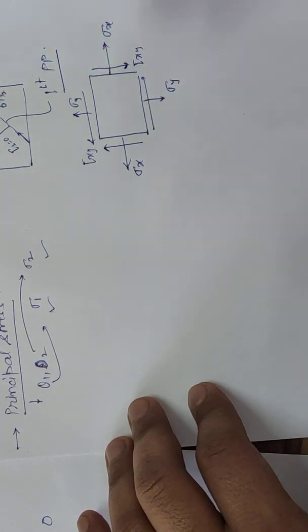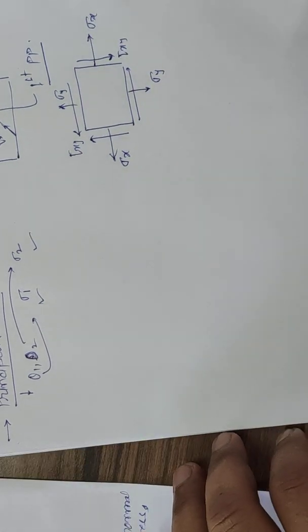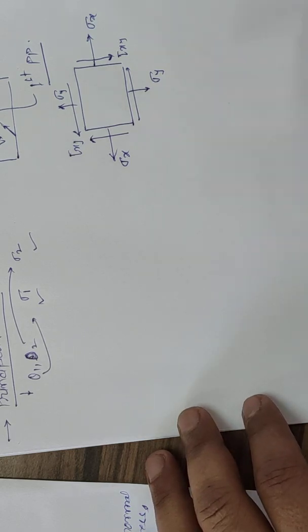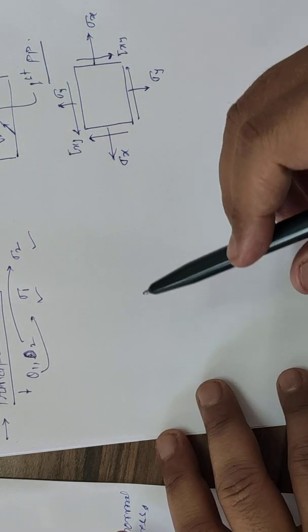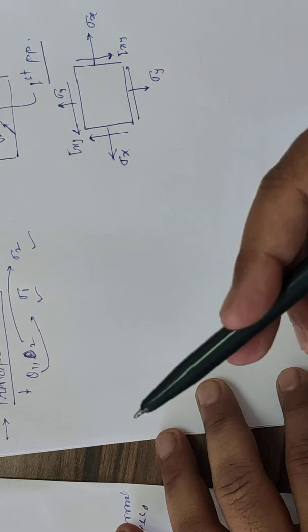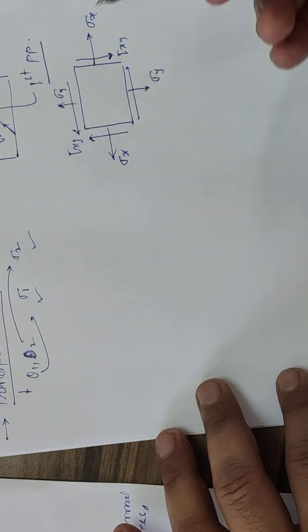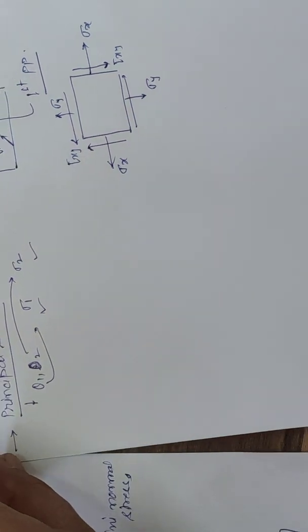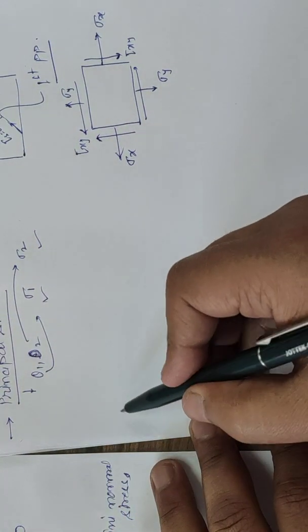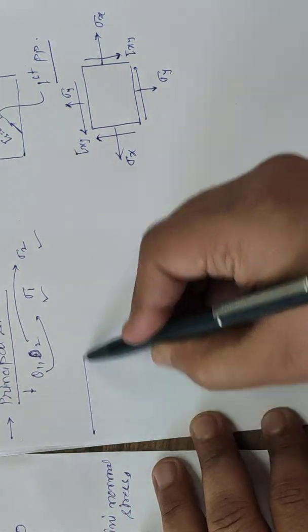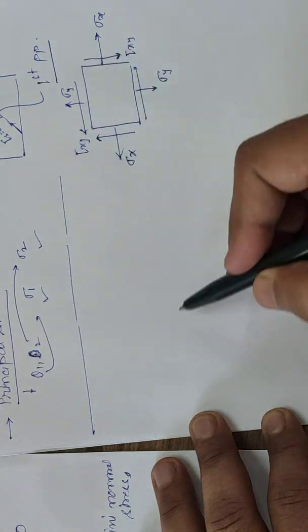Without calculating the location of the principal planes theta 1 and theta 2 and putting them in the basic formulas of sigma n, we want the direct value of the principal stresses.